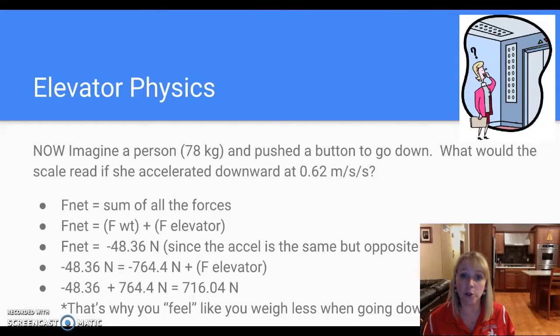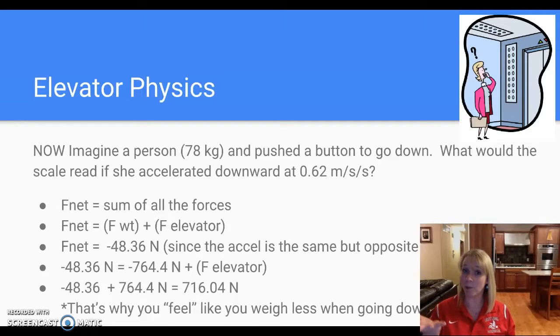This is similar to the last problem, only now, when I move my weight to the other side, you end up subtracting that F net. So you get less weight. You feel like you weigh 716.04 newtons. So that bathroom scale would actually go down that much. And most of you saw that in the lab that we did too.